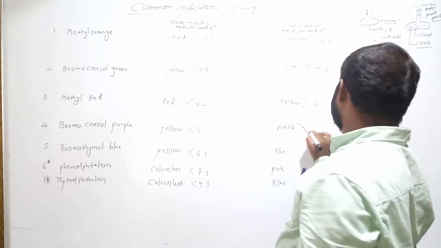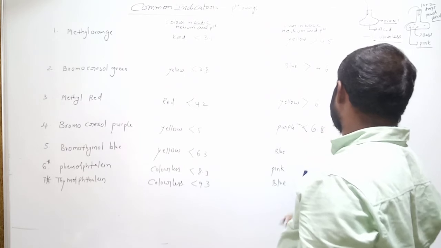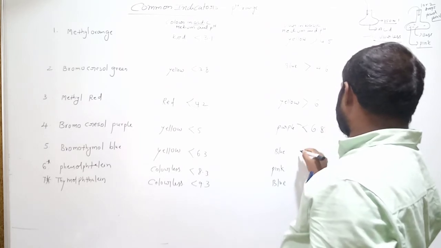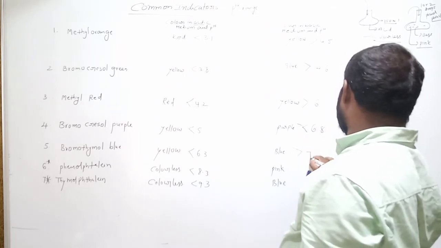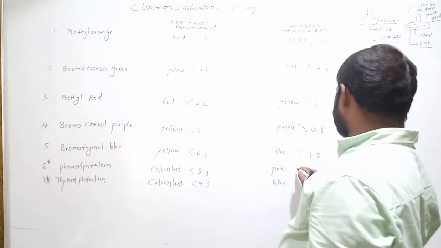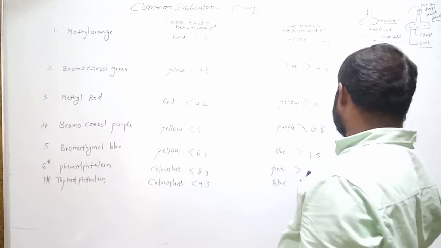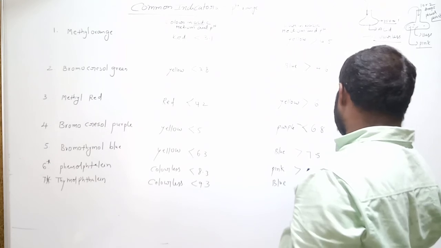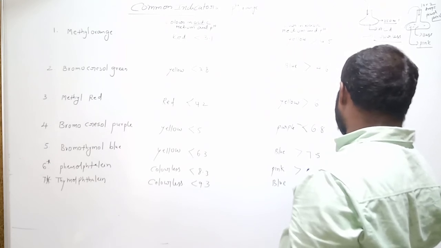In this case it is less than 6.8, and it is greater than 7.5. Clear? And coming to here, it is again greater than 10, and greater than 10.5.